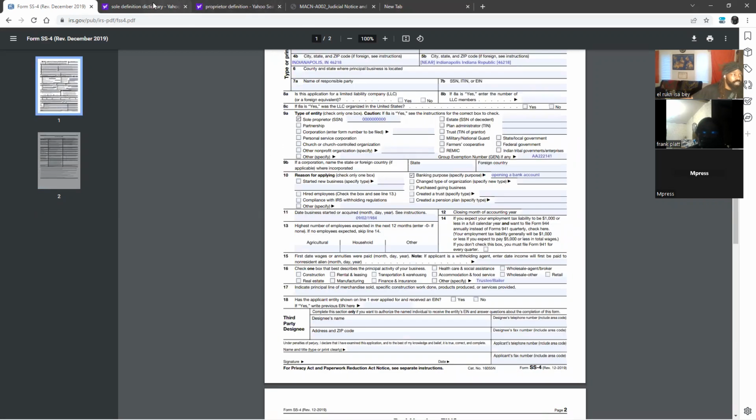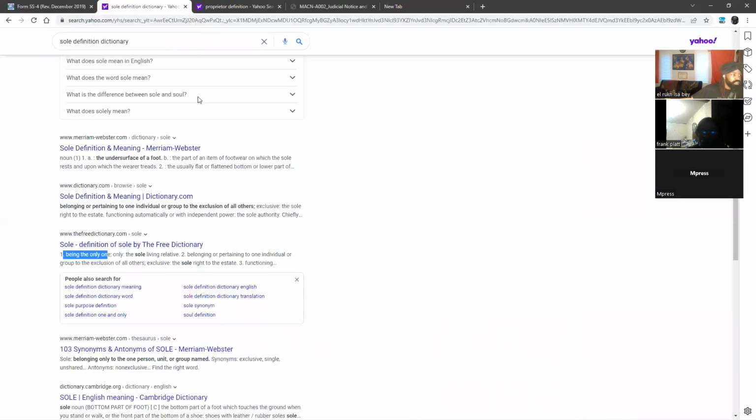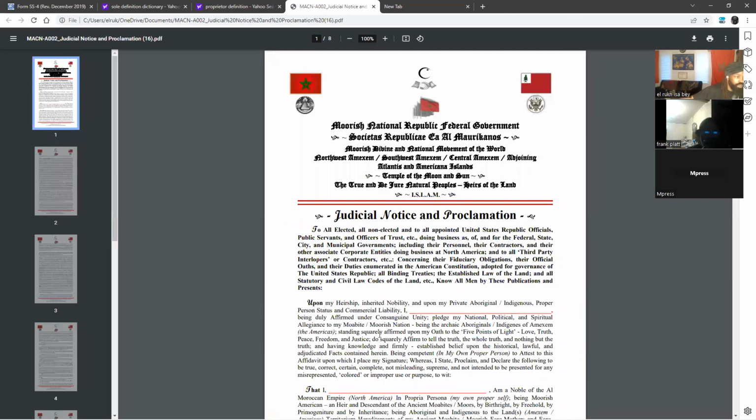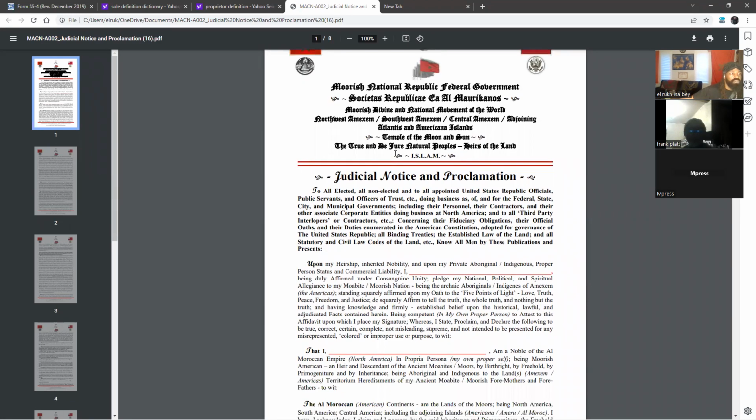All right. So now that's the sole proprietor, being the only owner of your body, which is a business. Now you have to take that and package it together with your judicial notice.